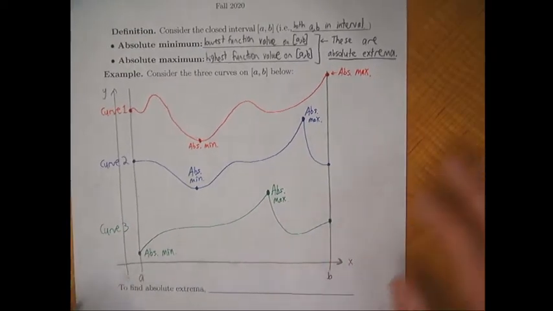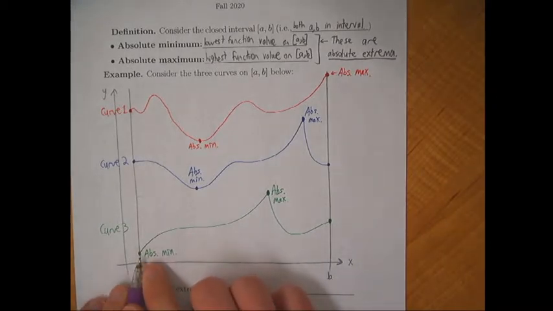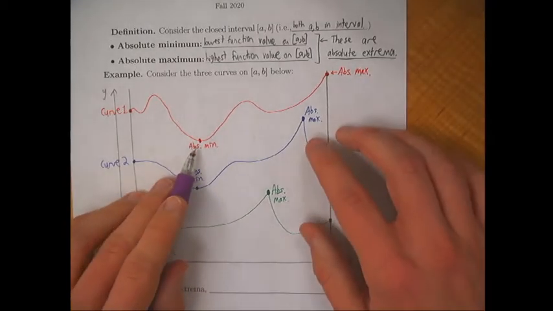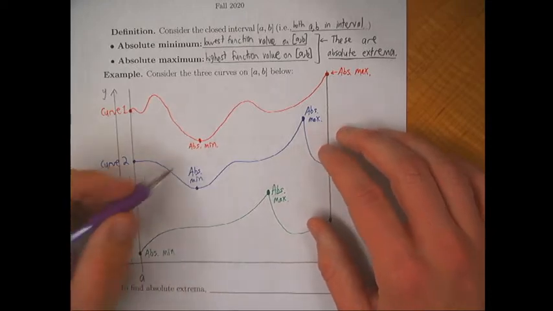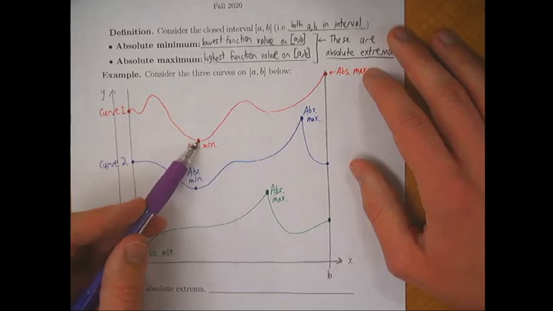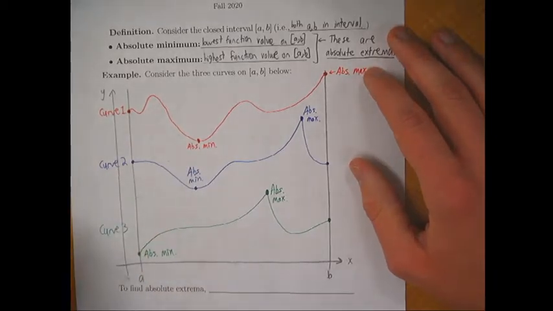So here's what that says. Based off of what we're doing here, it looks like the absolute extrema can be either on one of the endpoints, as shown in curves 1 and 3, or it could be one of the critical points, as shown in each of the 3 curves. It can either be something where we have a sharp turn, or just where the derivative equals 0.